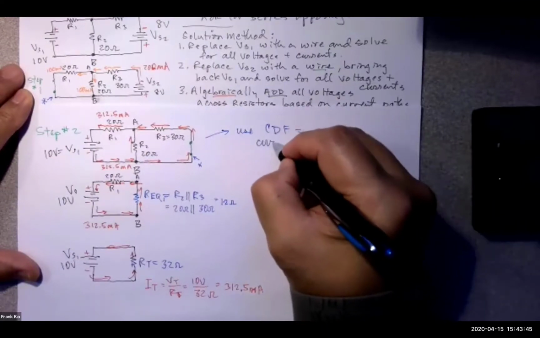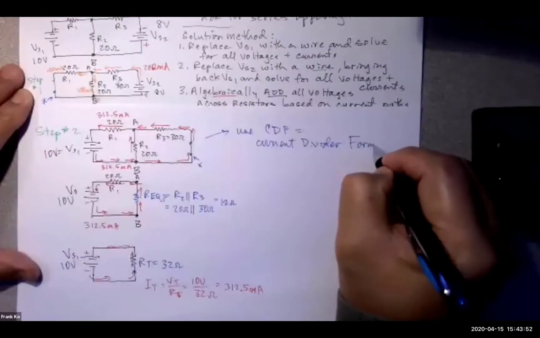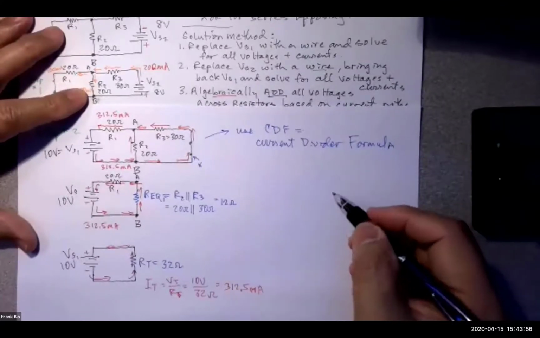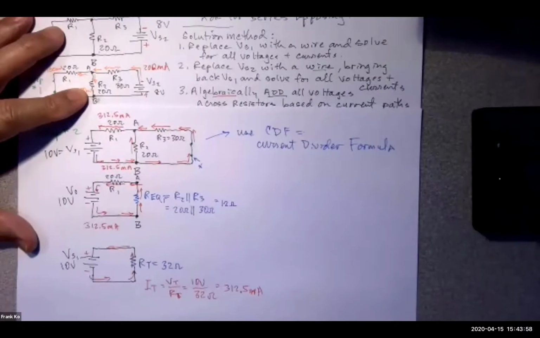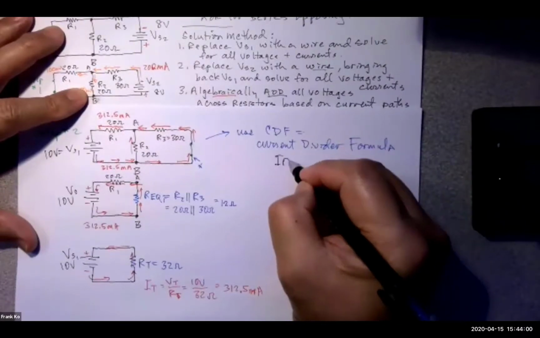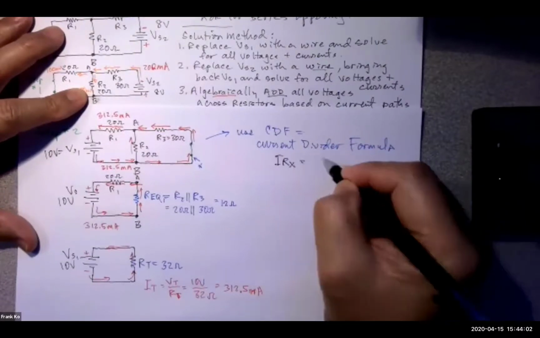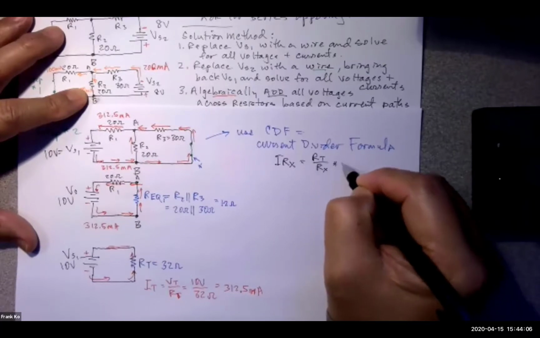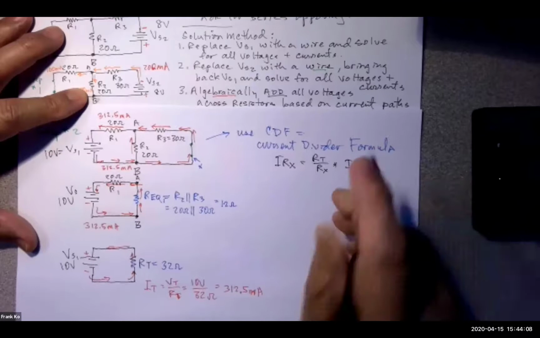CDF is current divider formula. And the general form of the formula is always given as IRx is equal to RT over Rx times I total.